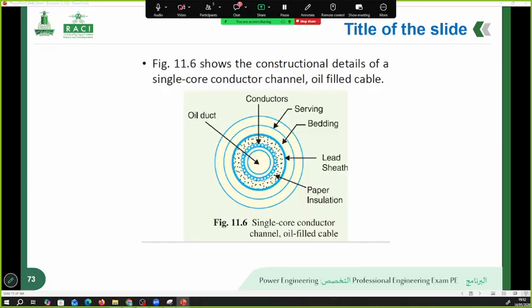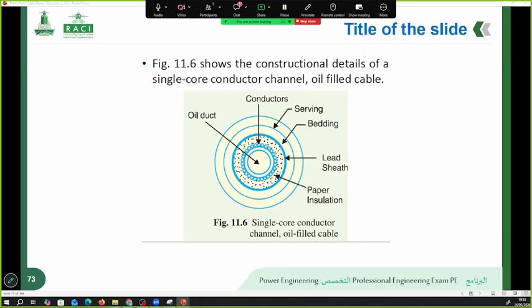Okay, this slide displays a cross-sectional view of a single core conductor channel oil filled cable in a diagram labeled figure 11.6. As the name suggests, this cable has a central oil duct. Surrounding this duct are the conductors, followed by layers of paper insulation and lead sheath.